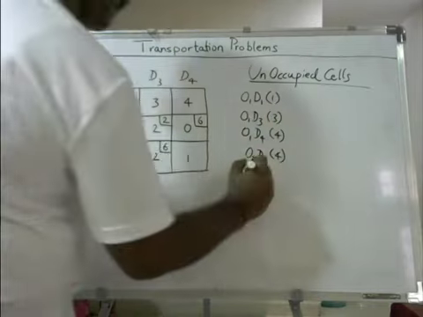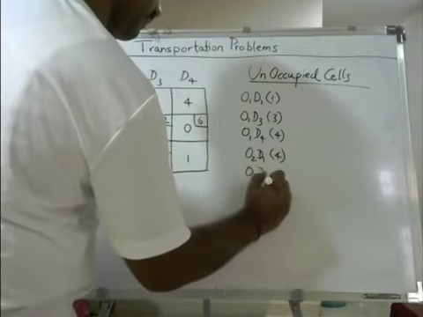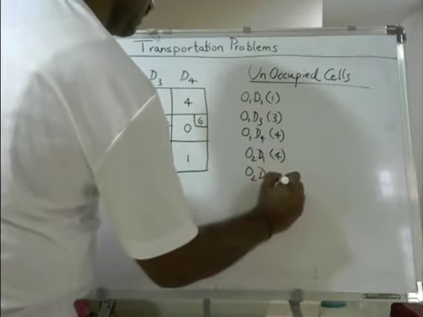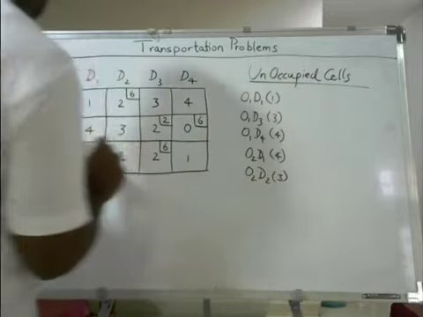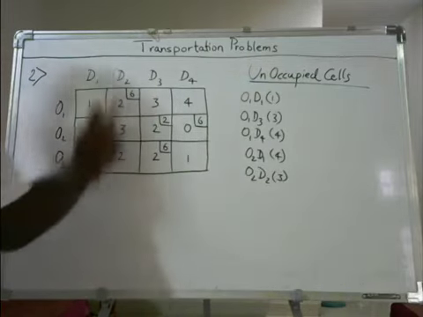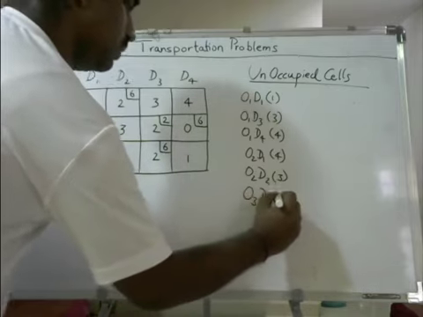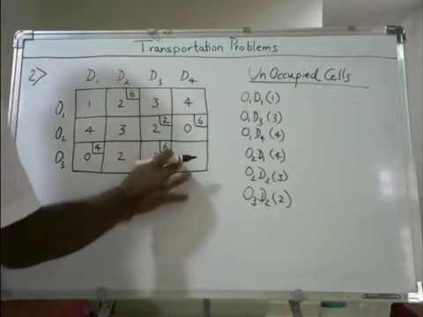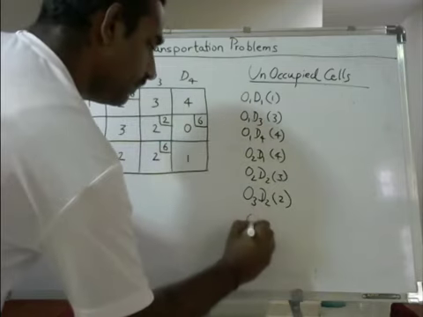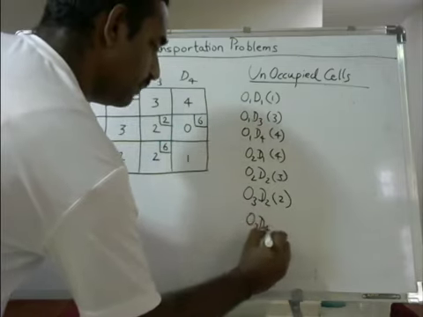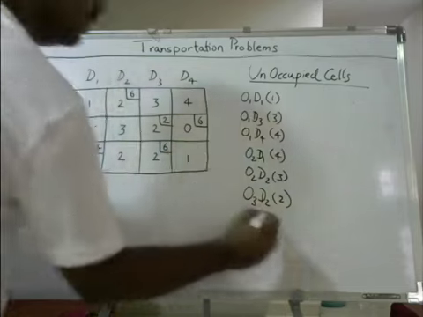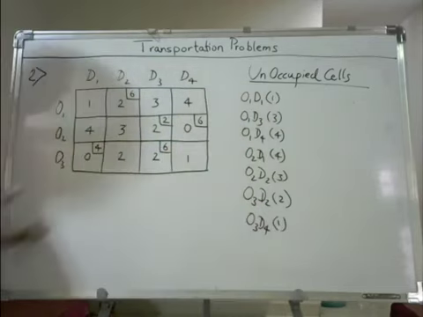Then O2 D2 with cell value 3. Then O3 D2 with cell value 2. Then the last one is O3 D4, where the cost of that cell is 1.